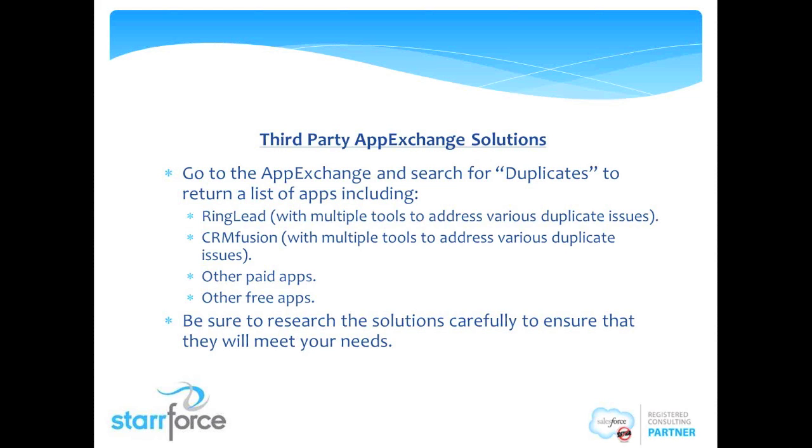But with the RingLead tool, it's kind of like the Salesforce merge tools on some serious steroids. It's very, very powerful. They have tools to prevent duplicates from being created by importing. In your leads, they have a list cloner, or declone. They have a good selection of tools to meet your needs for different duplication issues.